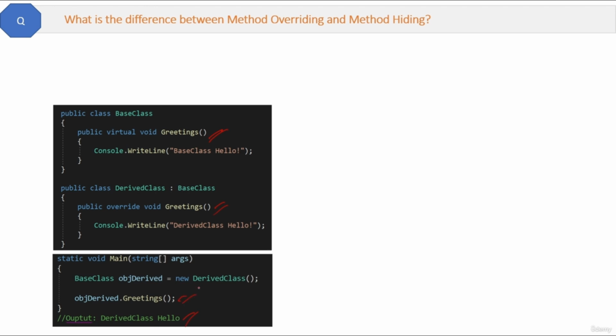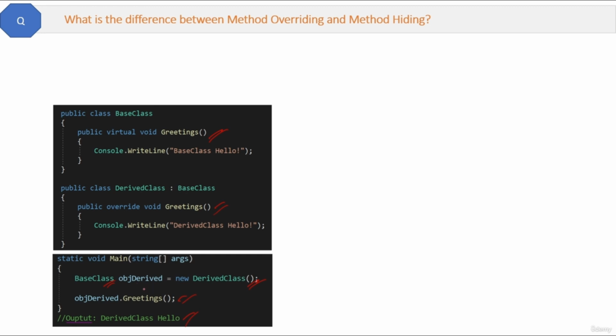But sometimes we have to declare the object as the base class and then create the object of the derived class, like this. Let me tell you a scenario. Suppose we have one base class and 10 derived classes, okay?